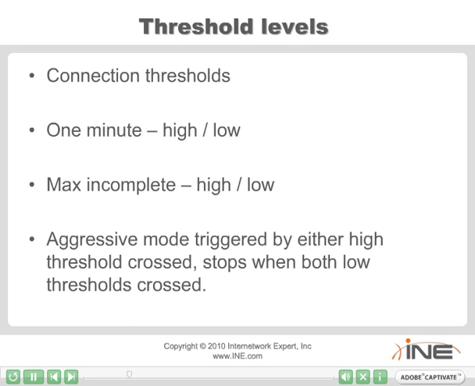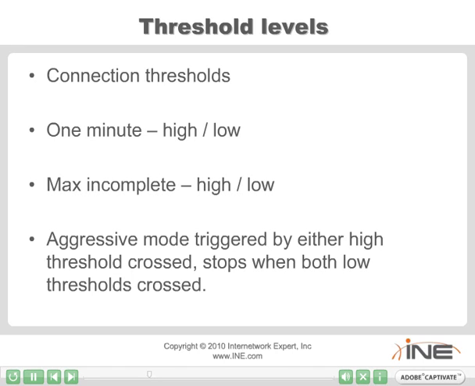TCP Intercept has separate connection thresholds. We have what's called a one minute value, looking at the most recent minute in a rolling period. We also have the max incomplete value, looking at all the incomplete sessions being tracked on a device. Now for each of those two, we have the option of a high threshold and a low threshold. The high threshold determines when we're going to enter aggressive mode.